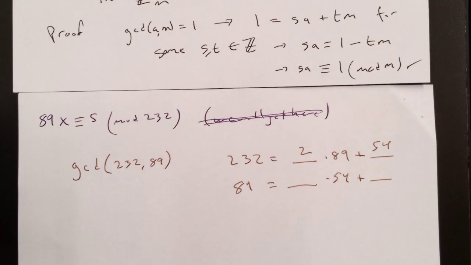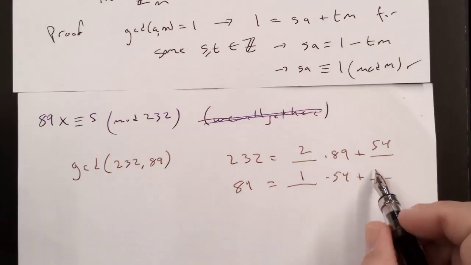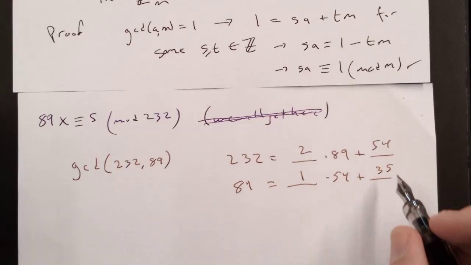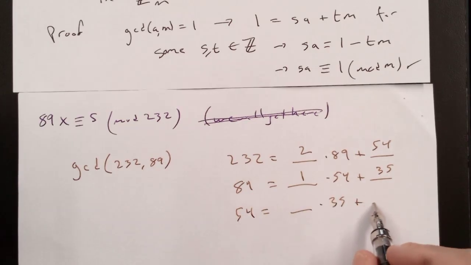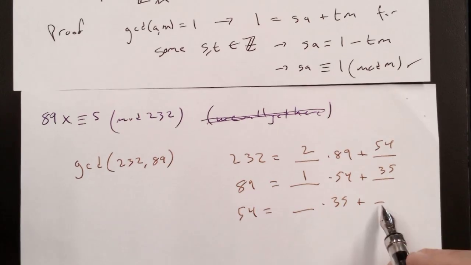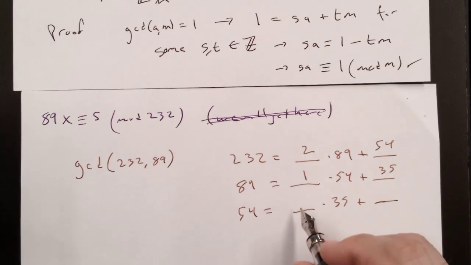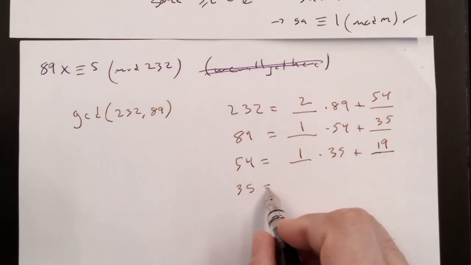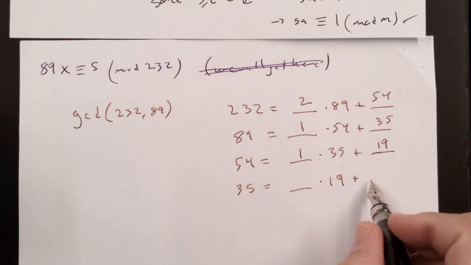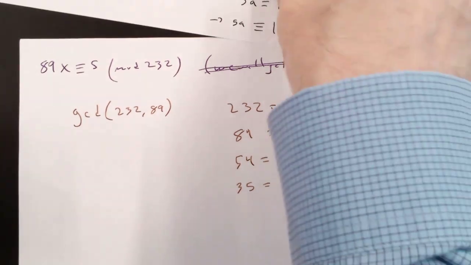Well, 89 is 154 with something left over. 54 is something 35 with something left over. 35 is some number of 19s with something left over.